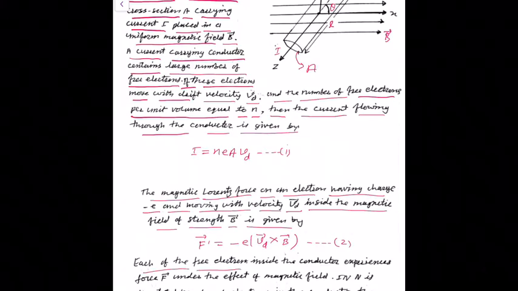Each free electron inside the conductor experiences force F dash vector under the effect of the magnetic field.